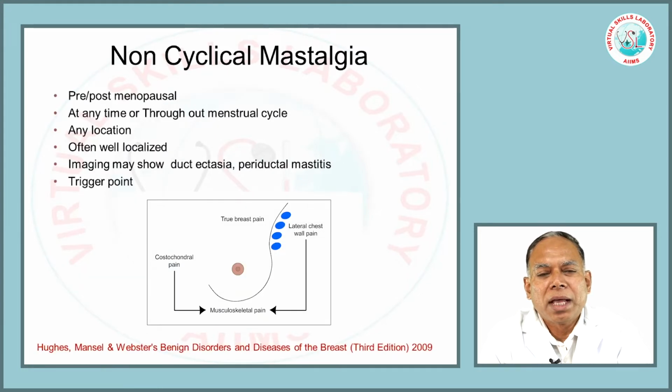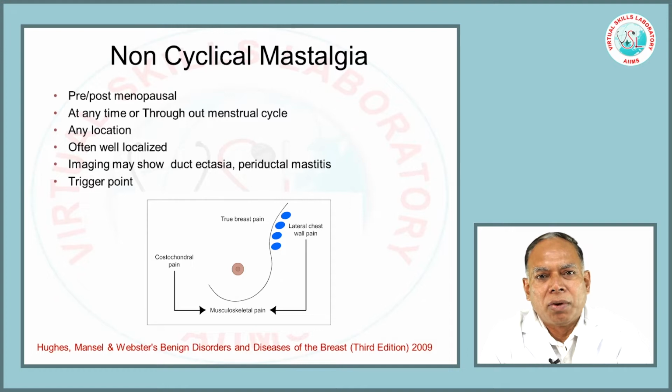Continuing with the non-cyclical type of pain, it can occur even after the menopause. It can occur in young ladies on any day of the menstrual cycle, and this is nicely depicted when one looks at the breast pain chart. Location can vary in different parts of the breast.